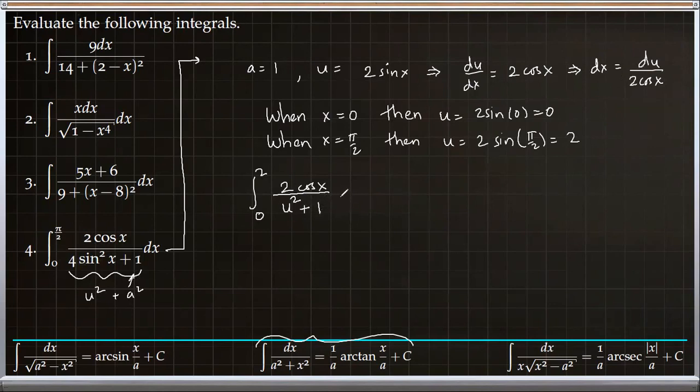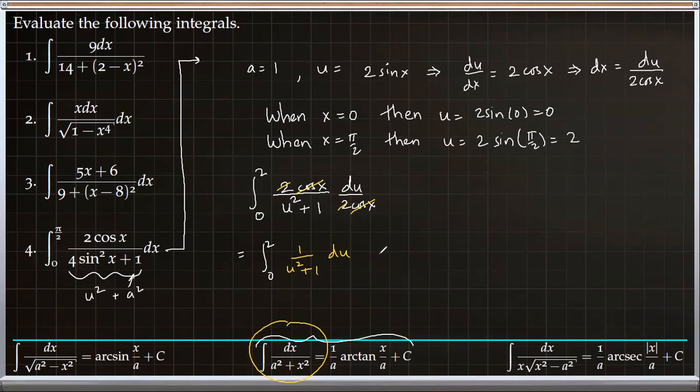And we said dx is du over 2 cosine x. So therefore, this becomes 0 to 2. And it looks like cosine x goes away, and this 2 also goes away. So we are left with 1 over u squared plus 1 du. And it looks exactly like the expression we have here with a equals 1.